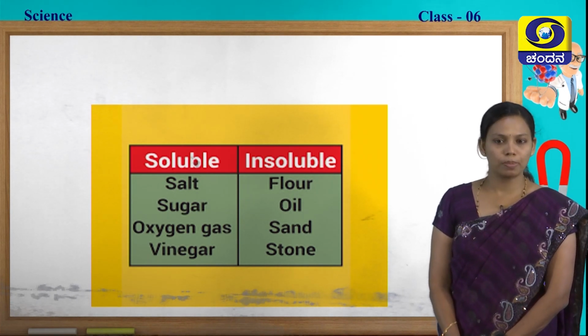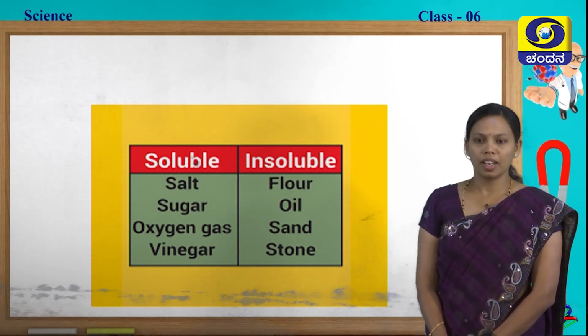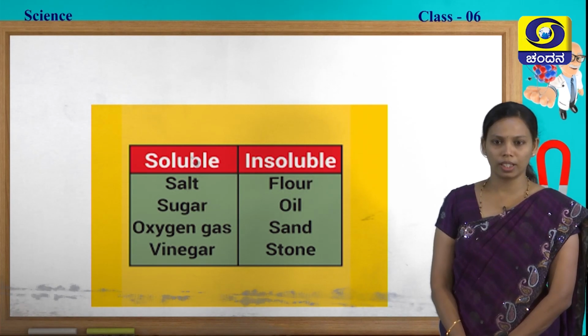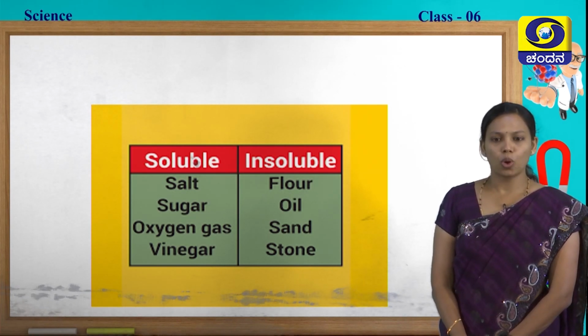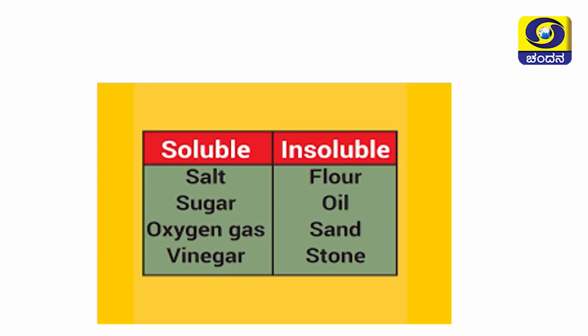It is about the soluble and insoluble substances. Now, you know that many substances will dissolve in the water. Whether the water can dissolve any amount of substances in it, we shall see that by observing a video.